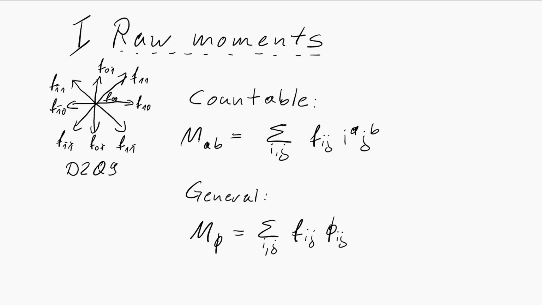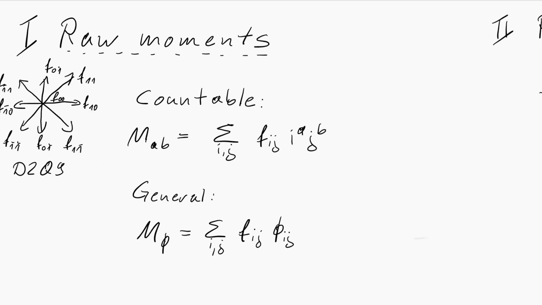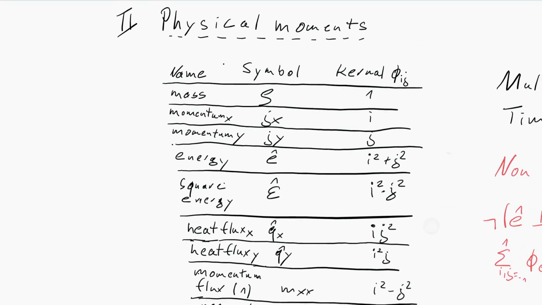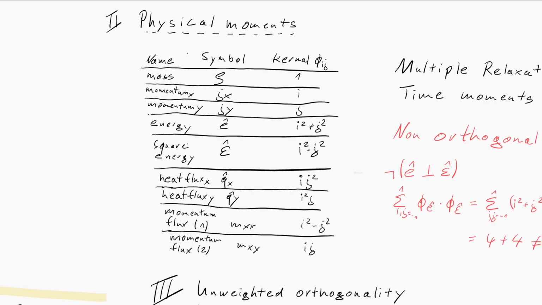And if you don't like countable moments, you can also define a kernel function psi or phi ij and do the multiplication over the populations of the distribution functions and come to a general definition of the moments. And this is, of course, what was done in the original multiple relaxation time lattice Boltzmann methods.